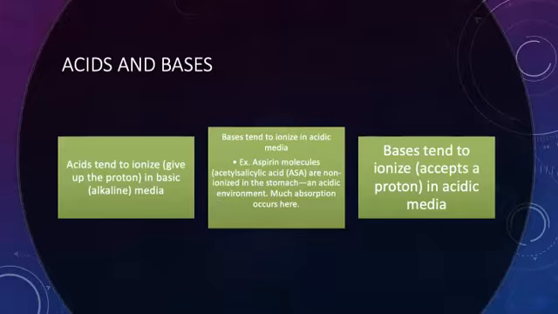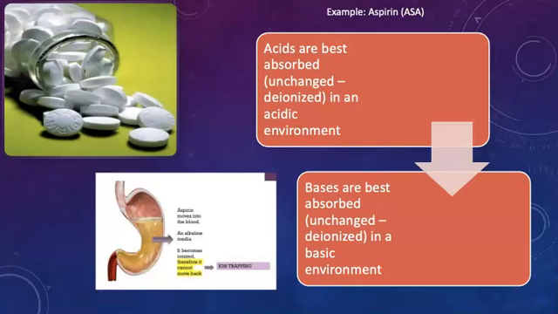Okay. So again, here is an example that acids are best absorbed unchanged, or deionized, in an acidic environment. And bases are best absorbed unchanged, deionized, in a basic environment. So this is an important concept for you to remember.